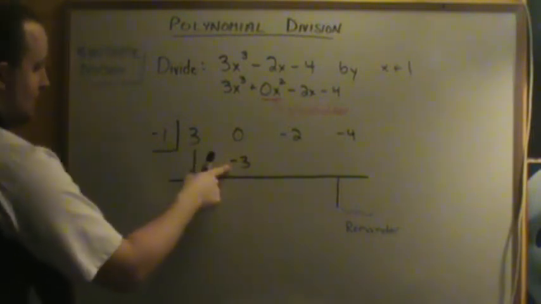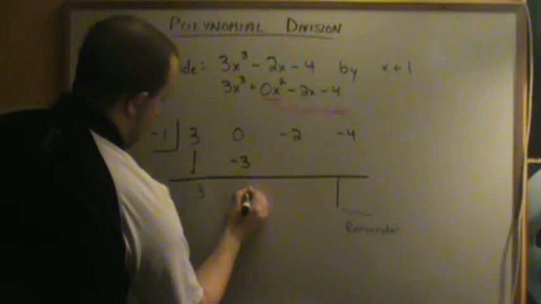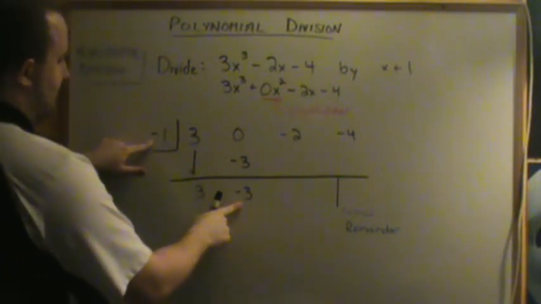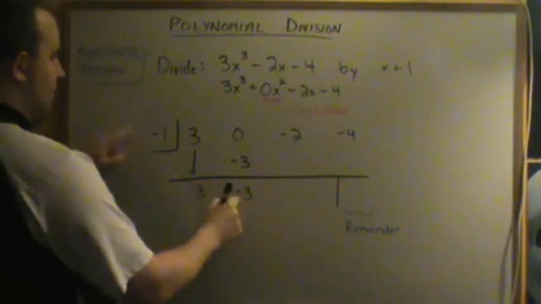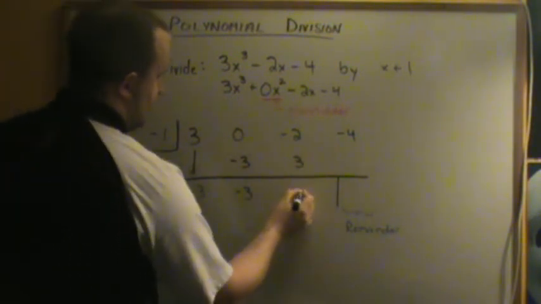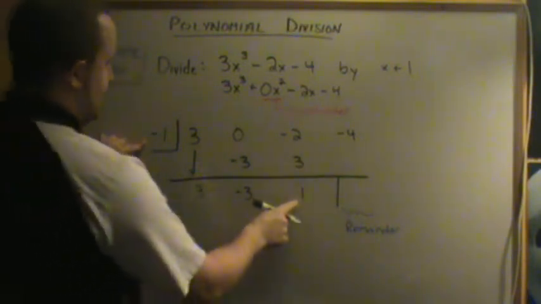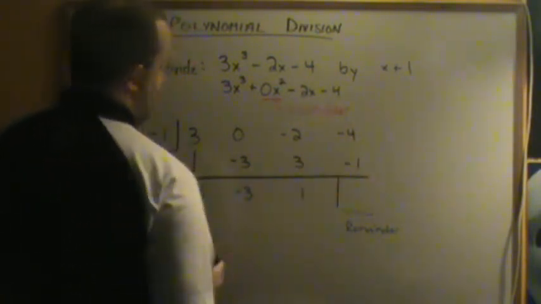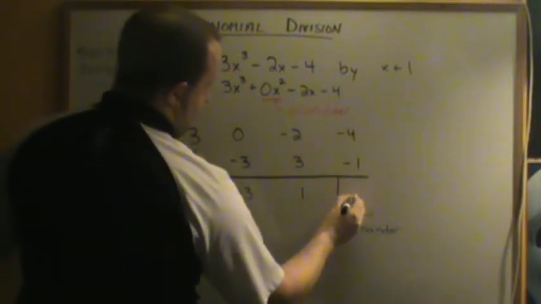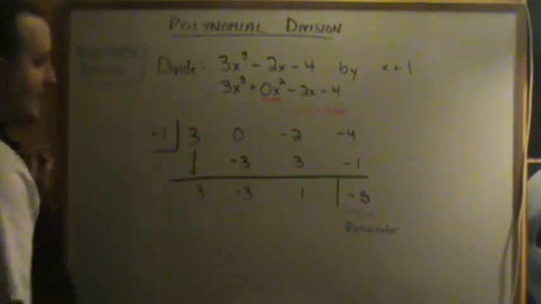Add them. 0 plus negative 3 is negative 3. Negative 1 times negative 3 is going to be a positive 3. Negative 2 plus 3 is 1. Negative 1 times 1 is negative 1. Negative 4 plus negative 1 is negative 5.